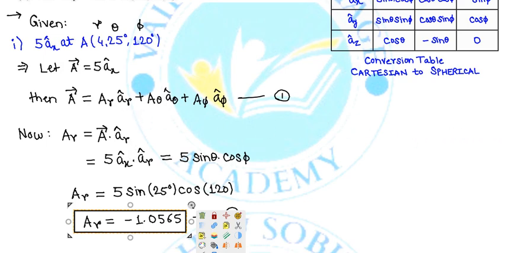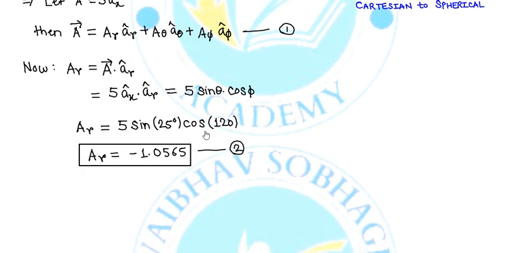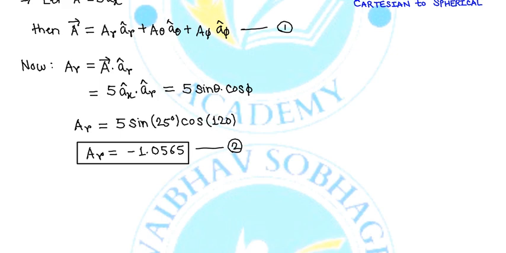Now the next element we have to find is A theta. How are you going to write that A theta in a similar fashion? Your capital A theta, that is the magnitude along the theta direction, will be your given vector A, which will have the dot product with respect to theta. Firstly, what is your vector A? Vector A is given to be 5 ax cap, which will have the dot product with respect to A theta cap.